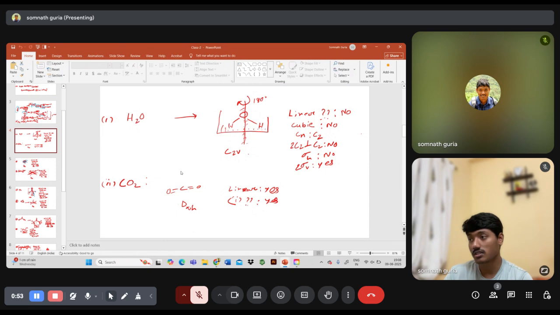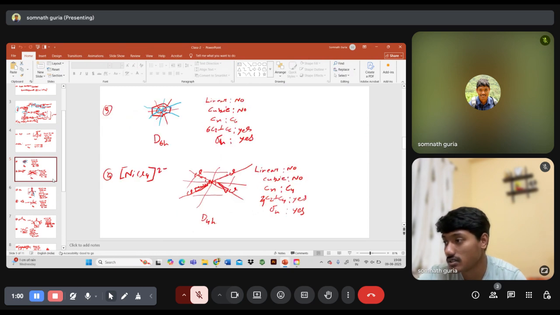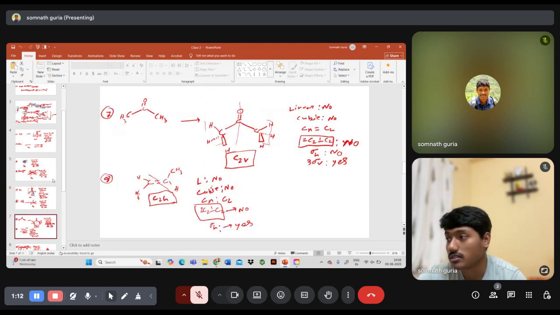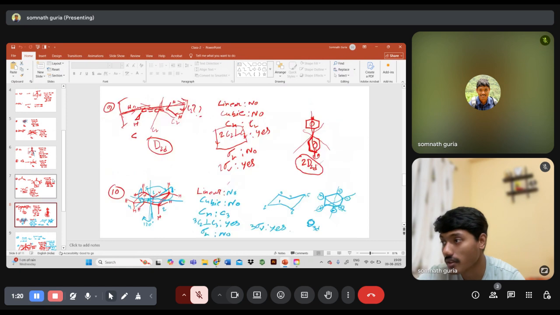So we discussed CO2, followed by benzene, nickel tetrachloride complex, ammonia, cyclopropane, and some organic molecules like acetone, butene, 2-butene, and also one other interesting one, the allene, and also bipyridine.